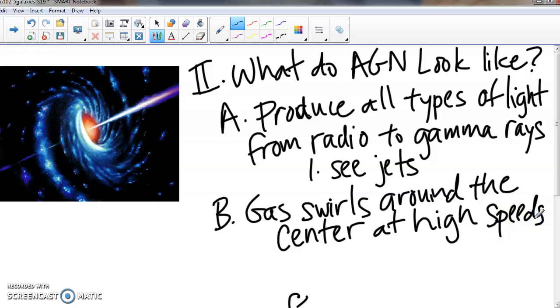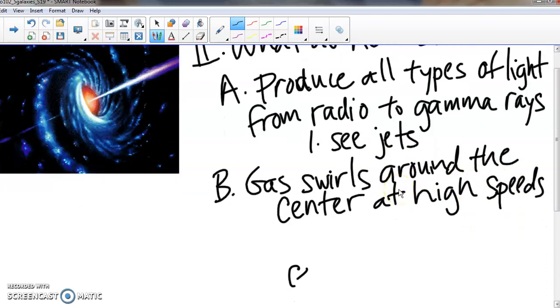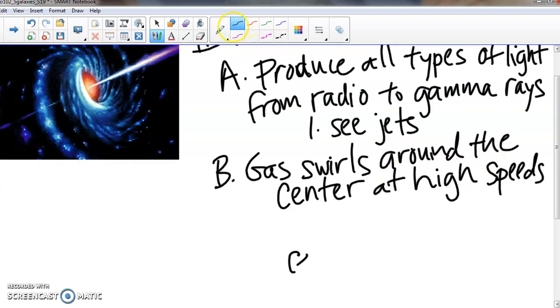So what does that tell us? High speeds, thousands to tens of thousands of kilometers a second. That means there's a lot of energy. There's a lot going on around these things. And you can see from the picture there, we have an artist's interpretation of what this might look like to give you a sense of the swirling gas and the jet and all this going on at once.